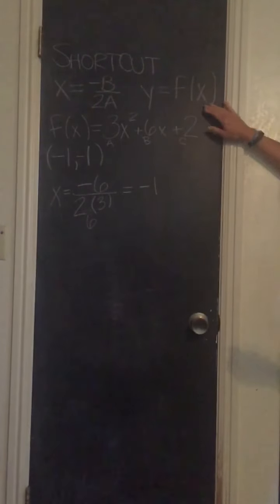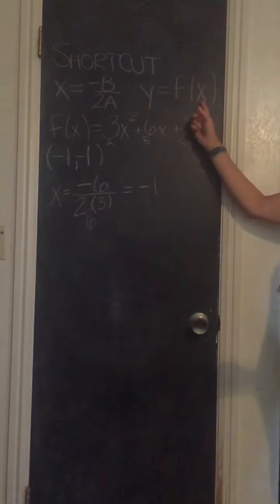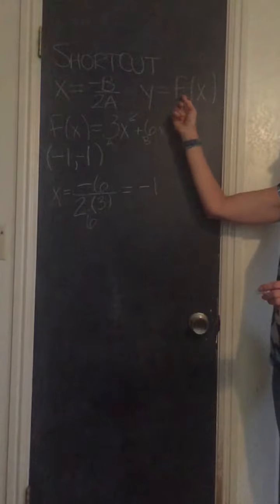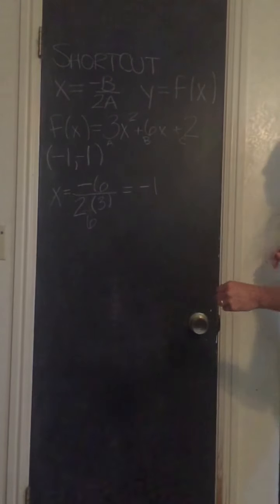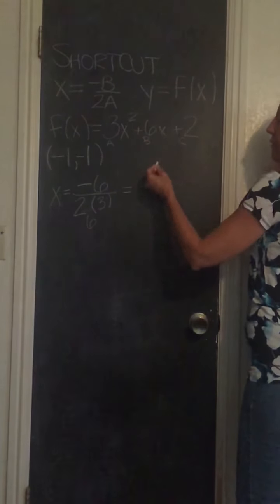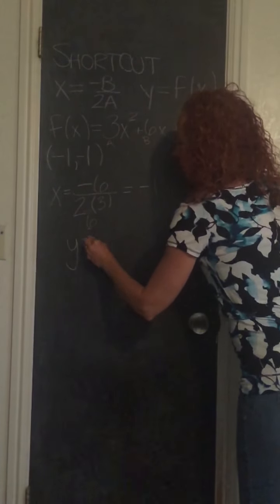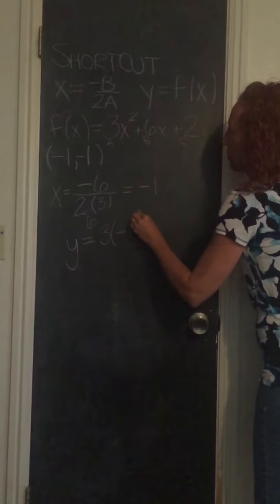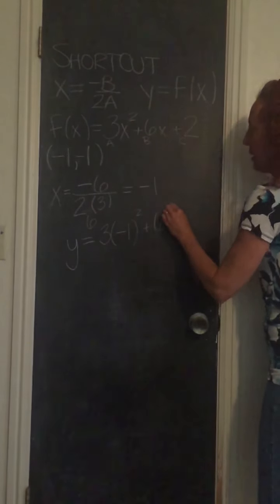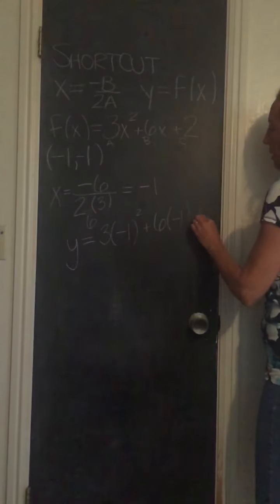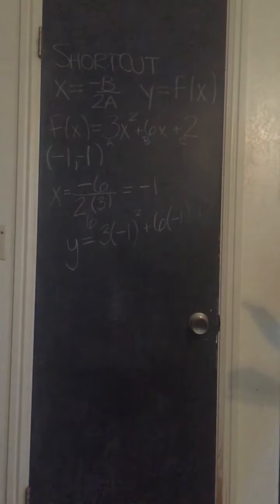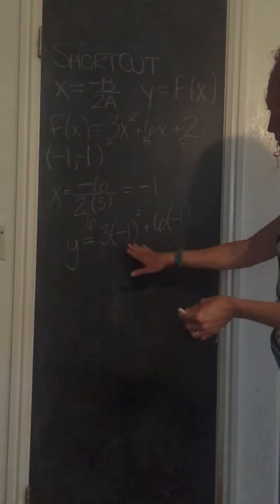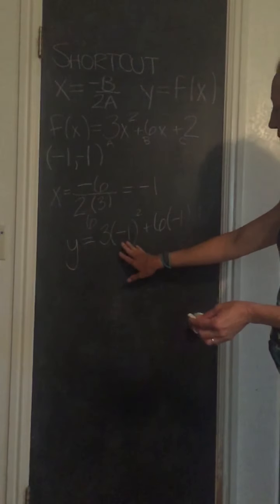And in order to find my y value, whatever that x is I just got right here, I'm just going to plug it in for the function. So if I plug -1 in for x, y would be 3 times -1 squared plus 6 times -1 plus 2. Remember your order of operations, so do the square first.